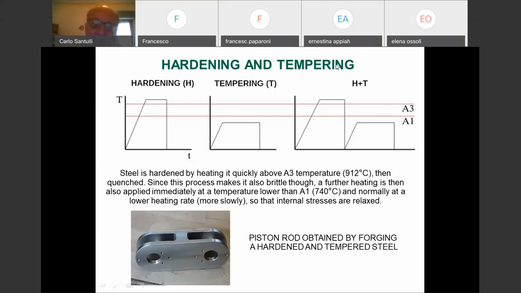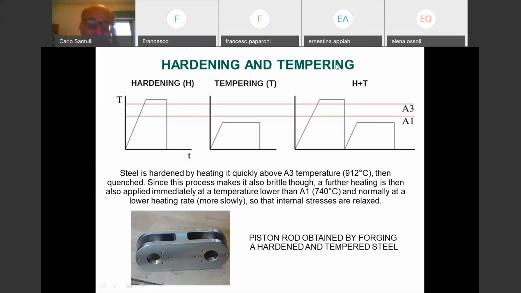Normally, you keep it for more time, and in most cases you also try to be slower heating up. In quenching, I show that straight line because in reality you have temperature on the y-axis and time on the x-axis, but in reality it's difficult to tell.